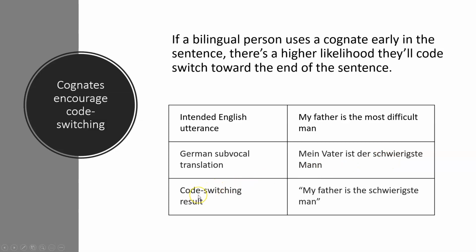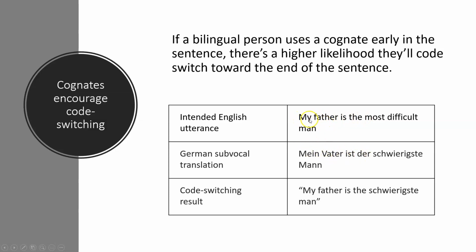So what might happen here is a code switching result that is an amalgamation of primarily English and a little bit of German. And the reason why this would happen is because my and mein are cognates, and father and Vater are cognates, and is and ist. Almost all of these first four words are cognates.